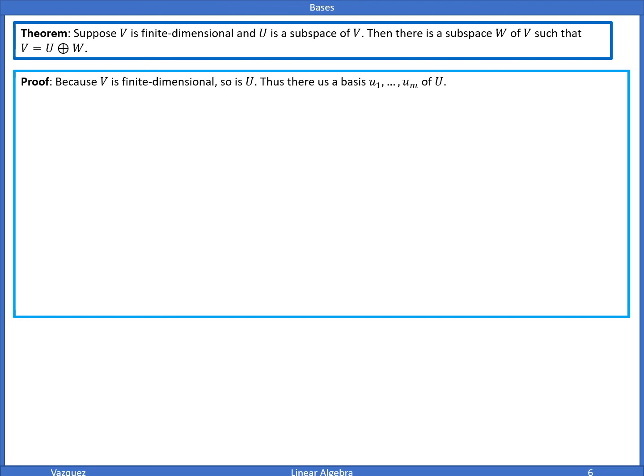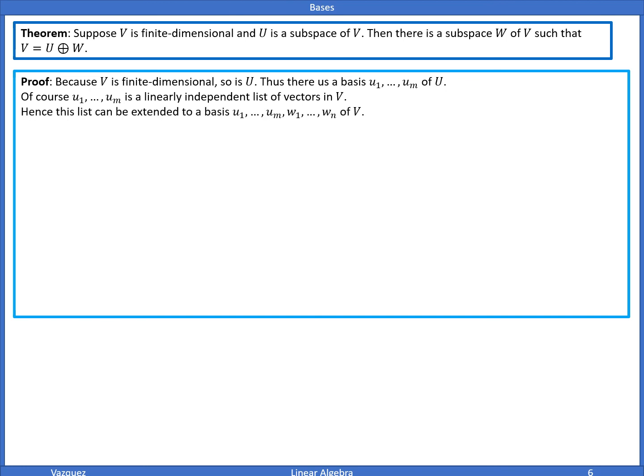Because V is finite dimensional, so is U, right? It's just a subspace of V. So there's a basis u1 to um of U. Well, u1 to um is a linearly independent list of vectors in V. It's a basis of U, so they're linearly independent, and certainly linearly independent in V. Well, the list can be extended by the previous theorem.